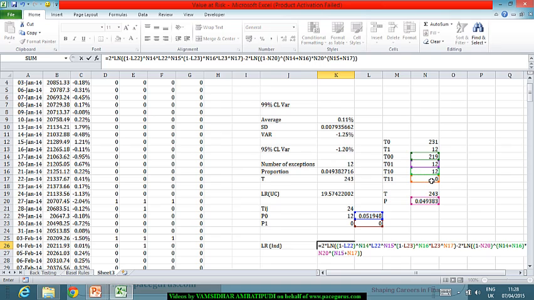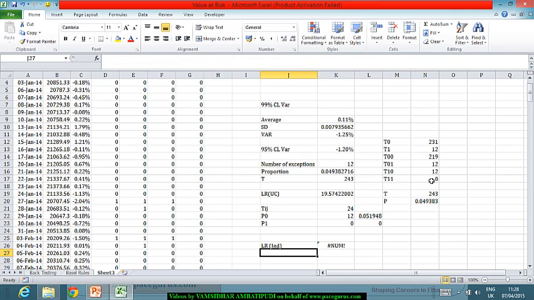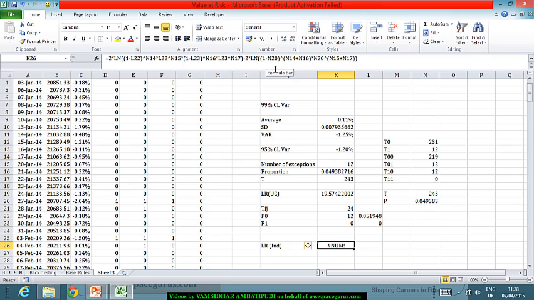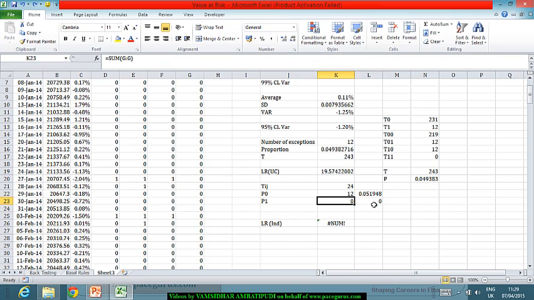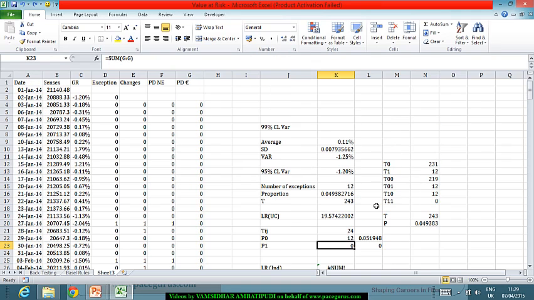Now let's say this entire calculation is resulting in a number. I think that is because there is not even a single exception coming out.